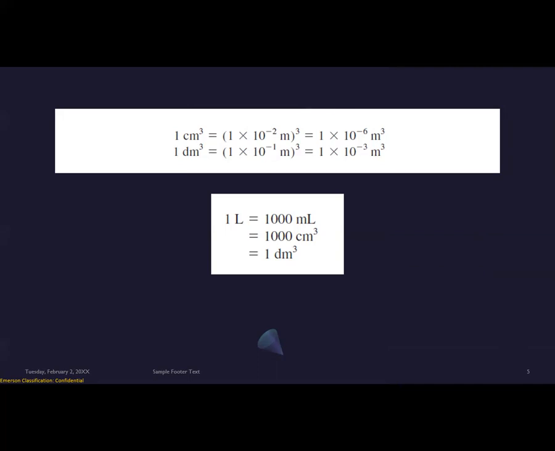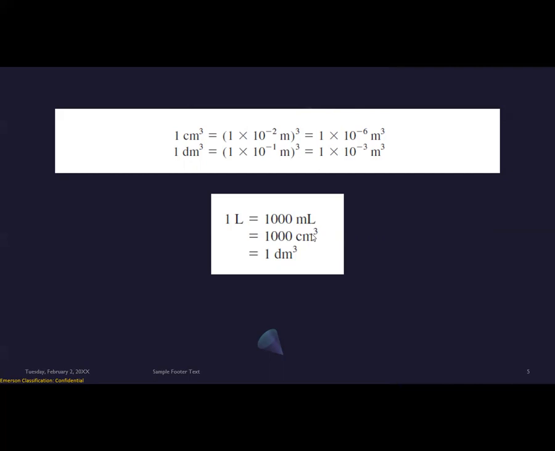Another common unit of volume is liter. So, may liter pa. So, ang liter is a volume occupied by 1 cubic decimeter. Ang equivalent nito ay 1 cubic decimeter. So, 1 liter is the volume equal to 1,000 milliliters, or 1,000 cubic centimeter.